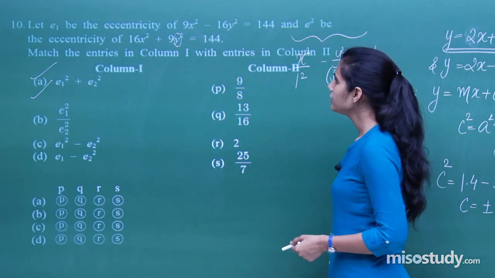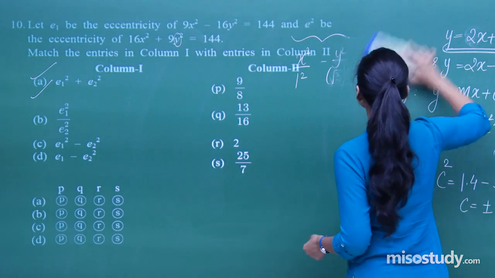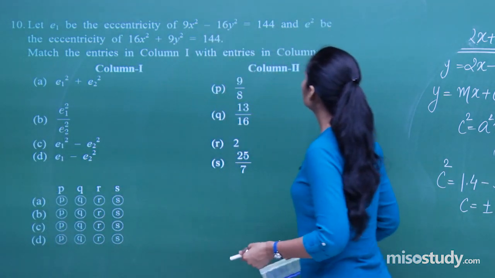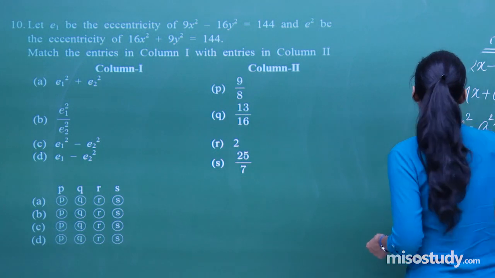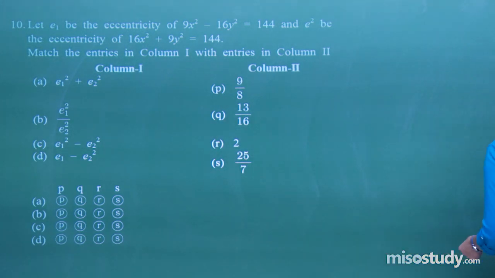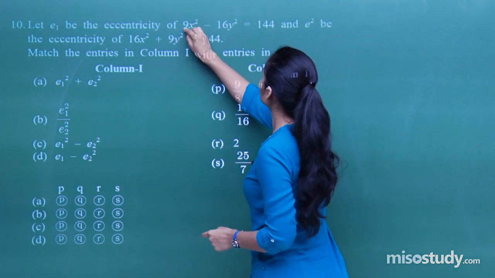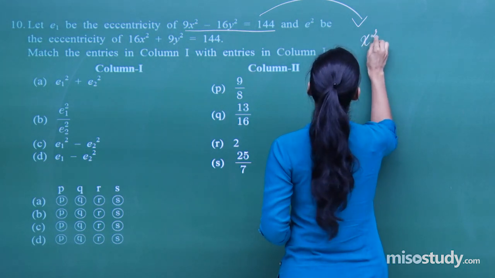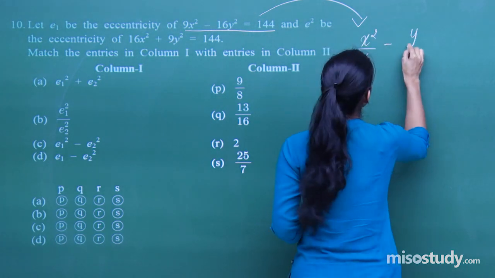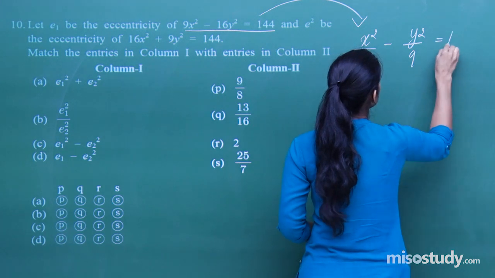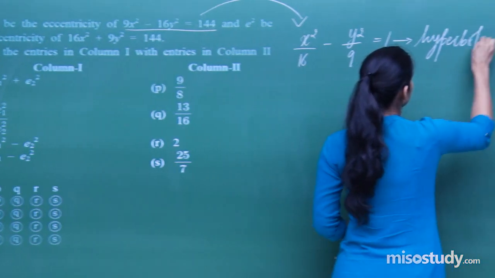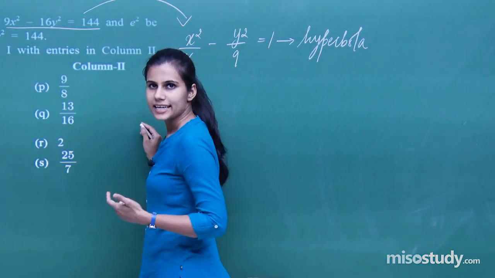Now next we have, let E1 be the eccentricity. The question is talking about the eccentricity of a hyperbola and an ellipse. What is given is x square by 16 minus y square by 9 equals 1, which is very clearly a hyperbola. Let us take its eccentricity as E1.